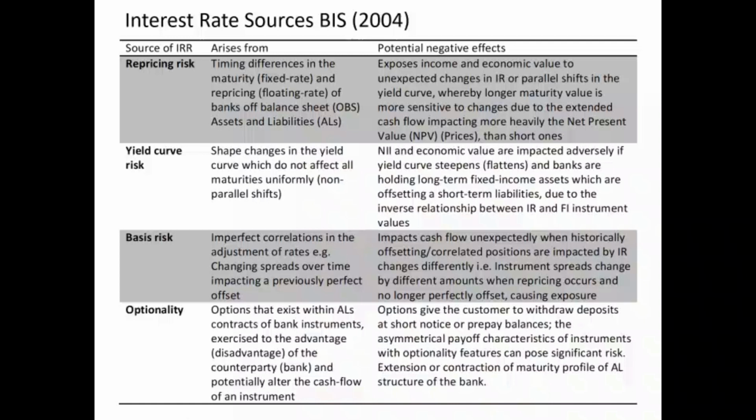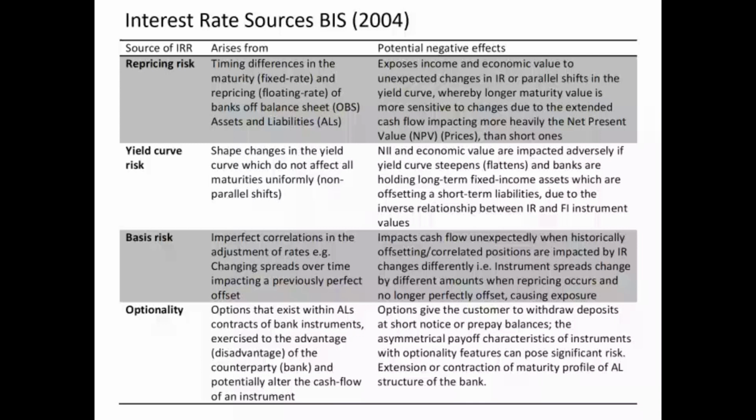You may have a longer term asset that you're funding on short term liabilities, and when you start rolling over this short term liability year on year to fund the longer term asset, repricing risk really happens when interest rates on the short term bond change dramatically, and potentially in the long term you might end up losing out.